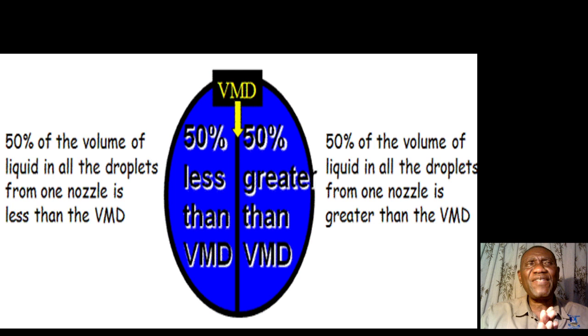Then another 50% is above the diameter which is at the center. This diameter, which is at the center, is represented by that yellow arrow pointing downwards. And this is what we call the VMD, volume median diameter.